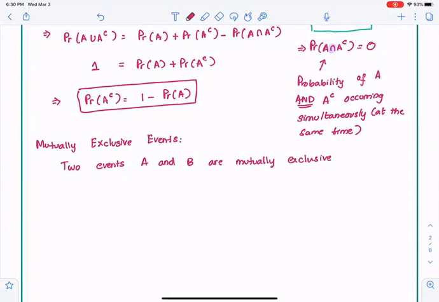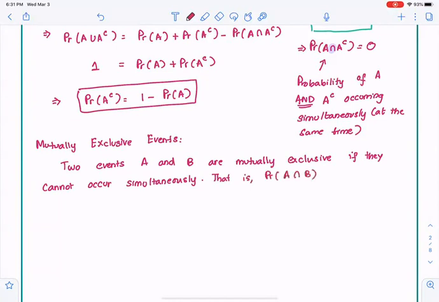Two events A and B are mutually exclusive if they cannot occur simultaneously. That is, the probability of A and B is 0.